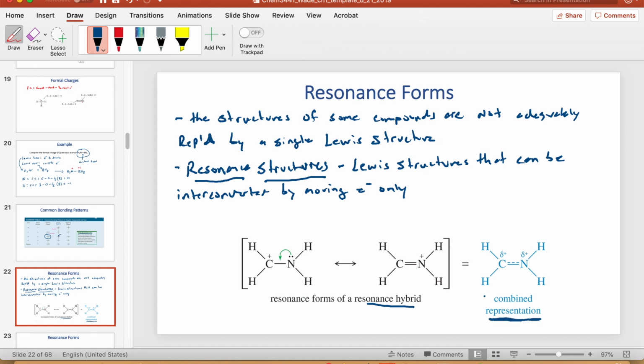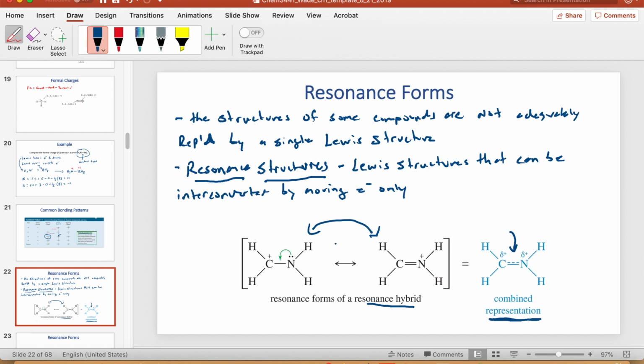Notice that we have this little dotted line, and that indicates, hey, this isn't exactly all of this. So the real structure, what you see in blue over here on the right, the combined representation, is a mixture of the two resonance forms.